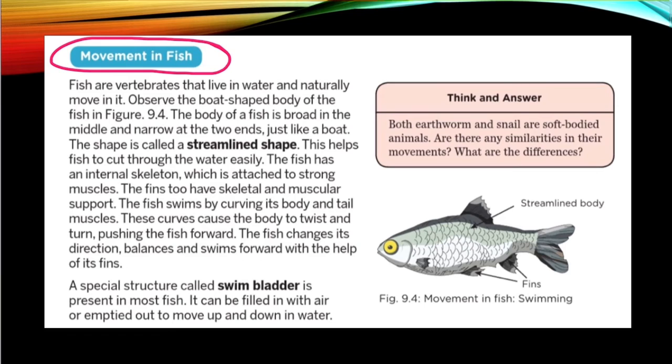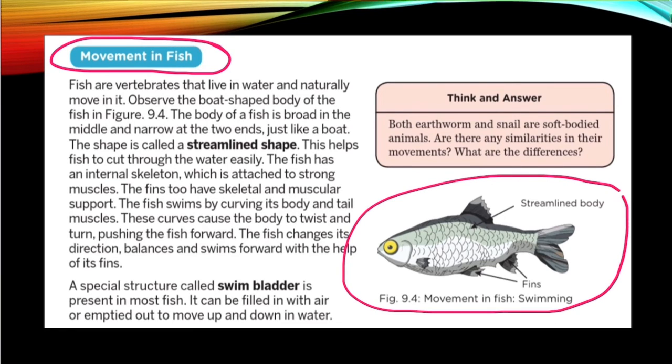Now observe the shape of this fish. This is a boat type shape. The body is boat shaped, and basically we call it streamline shape. Now let us study the streamline shape. The body of a ship is broad in the middle, whereas if I look at both the ends, it is narrow.